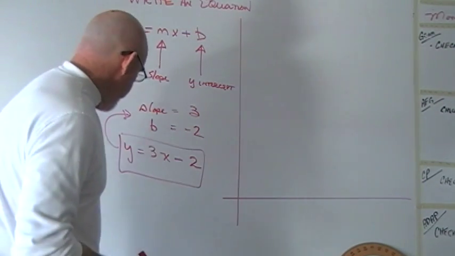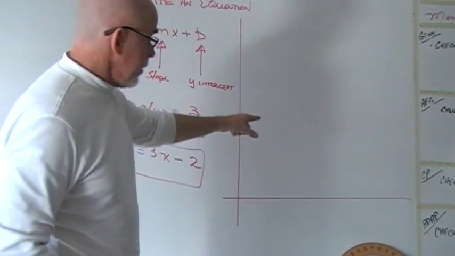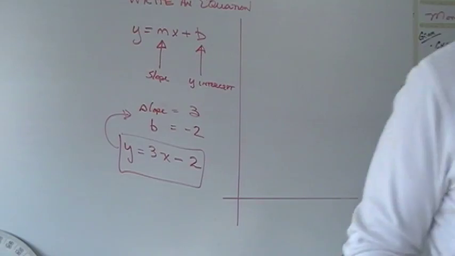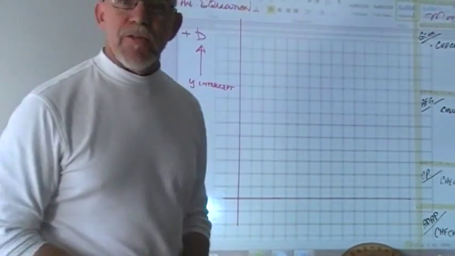Another thing they could do is give you a grid and a graph of the line.